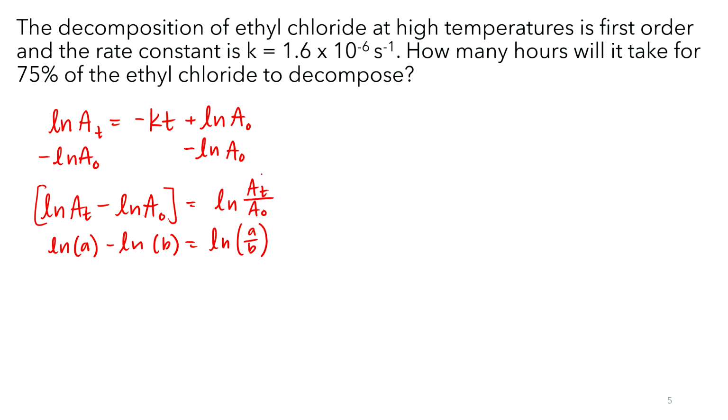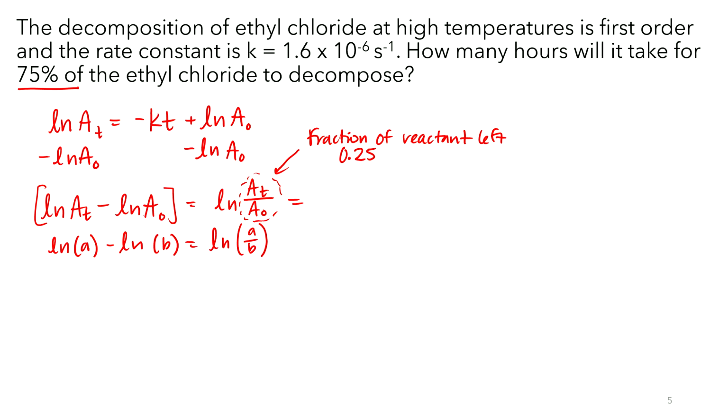That fraction right there, that is the fraction of reactants left, okay? And I know that, right? I'm asking how much time it takes for 75% to decompose. That must mean that I have 0.25 fractionally left, or 25% left.